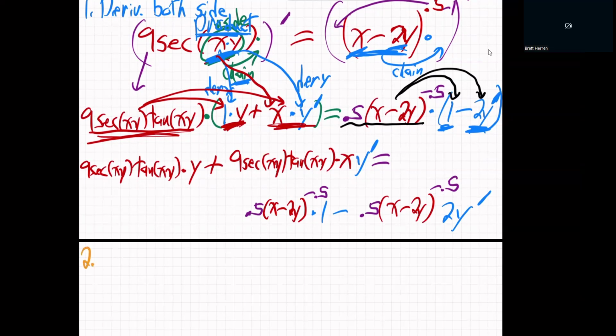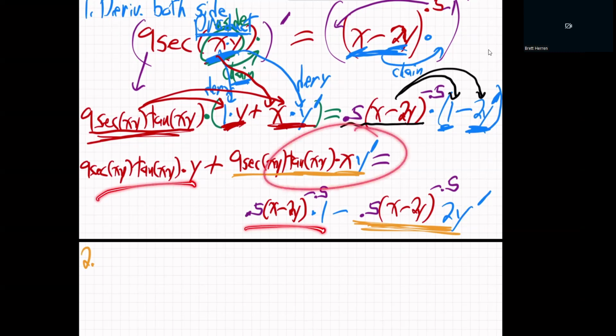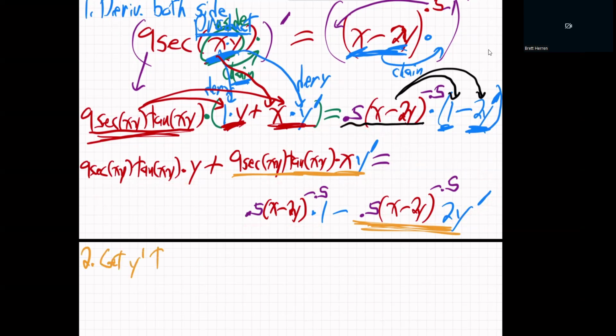Step 2. There's 4 terms. See how this term right here has a y prime, and this term right here has a y prime, and the other two don't, namely this guy and this guy. That's how you want to look at it. There's 4 terms there, and 2 of them have y prime. So you want to get the y prime terms on one side.